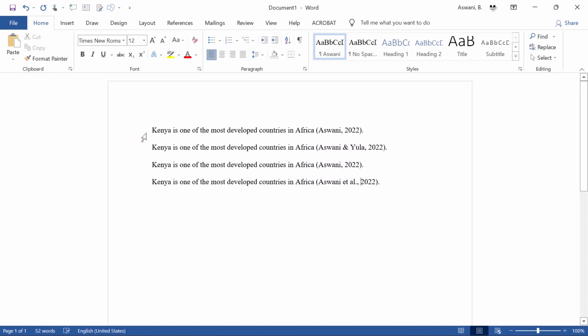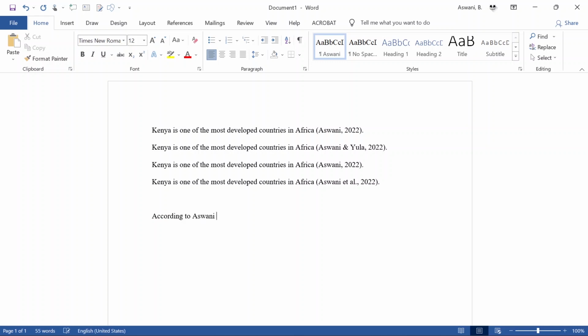So these are the default ways, putting it at the end of a sentence, which means the full stop of this sentence comes after the in-text citation. But we also learned that you can put it in other ways where you introduce the citation by using words such as according to. So whenever you're using that format, you can say according to Aswani.